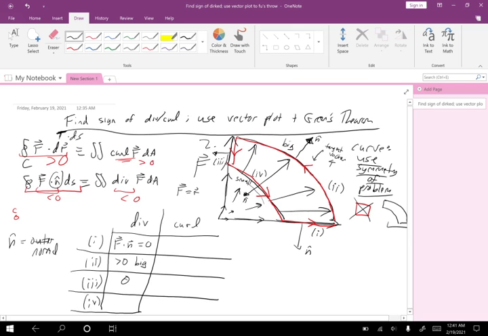So on the other hand, for curve 4, it's negative, right? Because the normal is pointing inwards, but the F is pointing outwards. So their dot product is negative, but notice it is small in magnitude. So the divergence is big minus small. So this is positive.